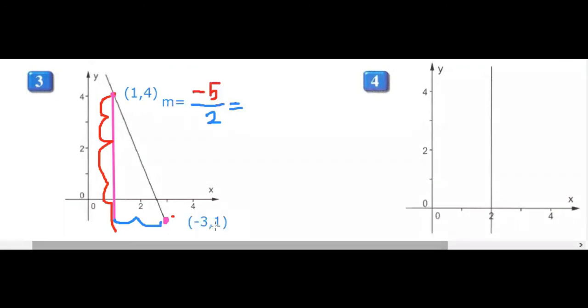Minus 3 is the left side, but this is 3 and minus 1.